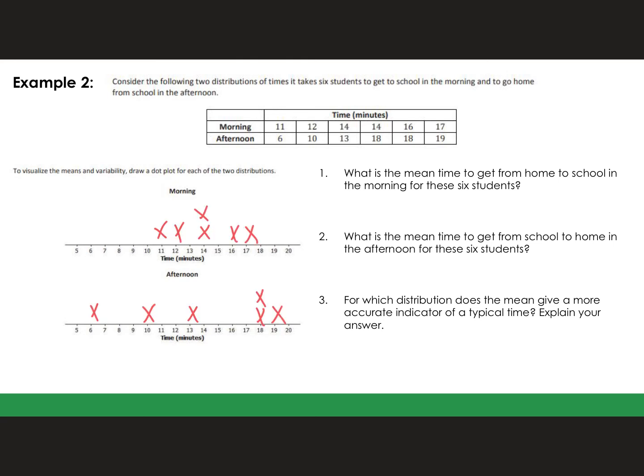Now that I've created the dot plot, I'm going to draw the curve over the data. I can draw a line through the center for the morning.